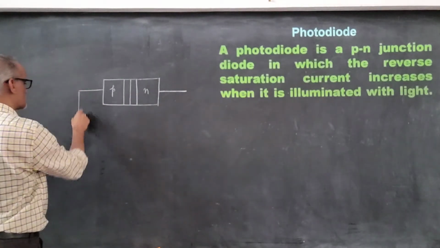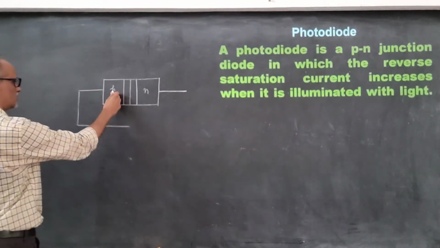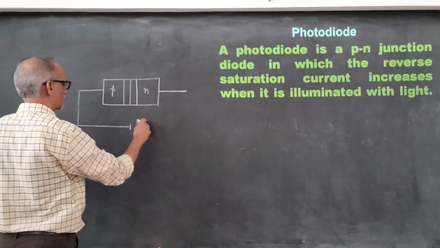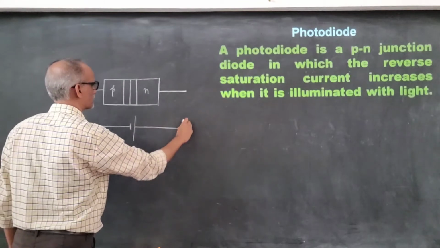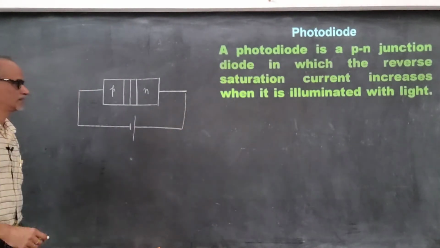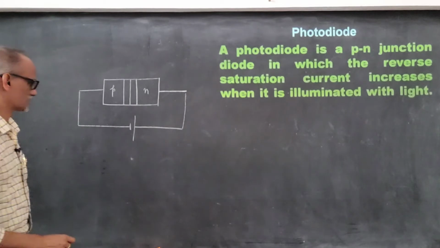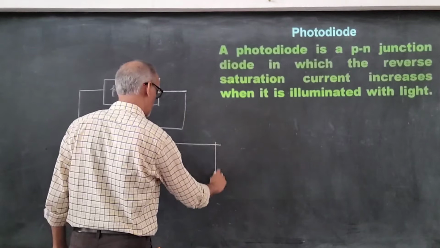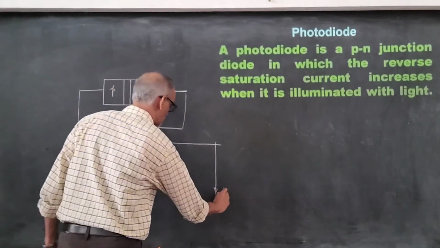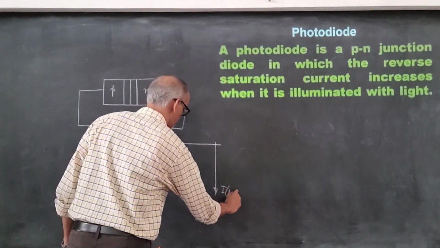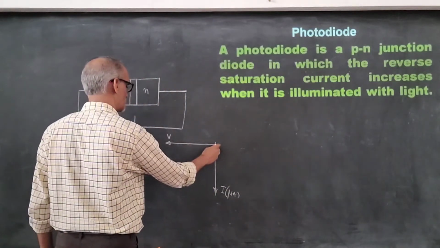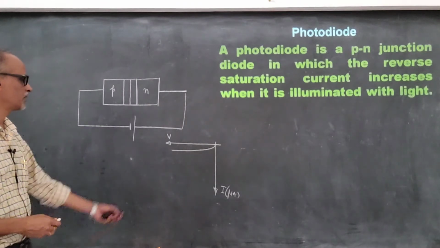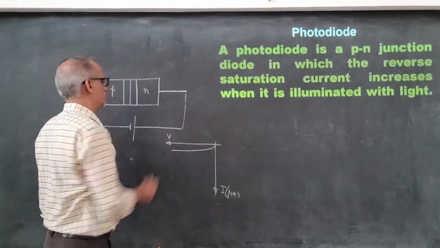If I connect this in reverse bias, which means the P side is connected to the negative terminal of the battery and the N side is connected to the positive terminal of the battery, the diode is in reverse bias, and in reverse bias a very small current flows, of the order of microamperes. This is that negligible current that flows through the circuit, which we can measure by connecting a microammeter in the circuit.